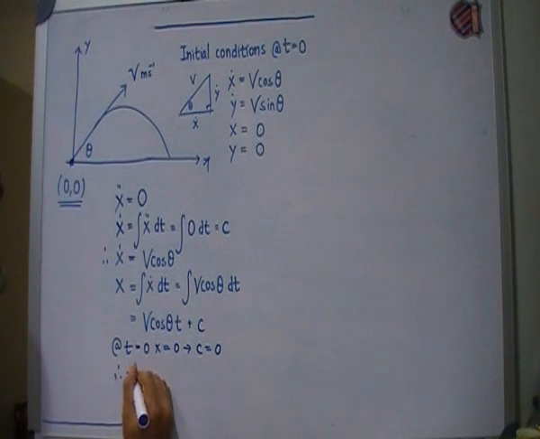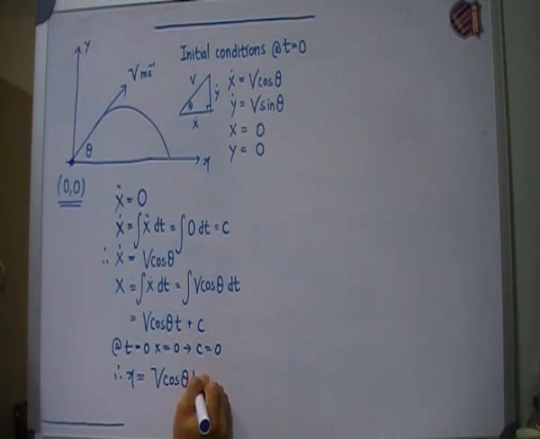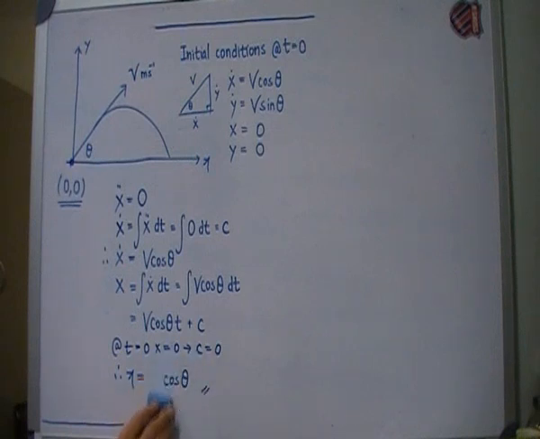Therefore, you end up with x equals v cos theta t. It's normally written as vt cos theta, because v cos theta t looks like cos of theta t, so I'm just going to write it like this: vt cos theta. All right, so moving on.